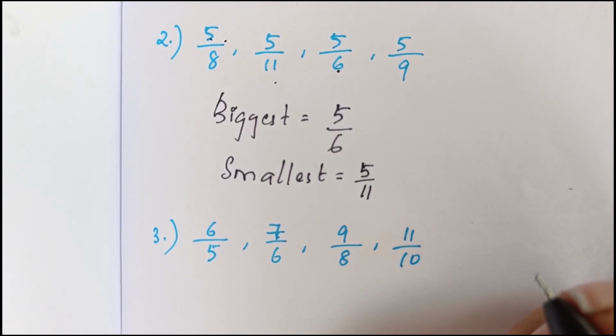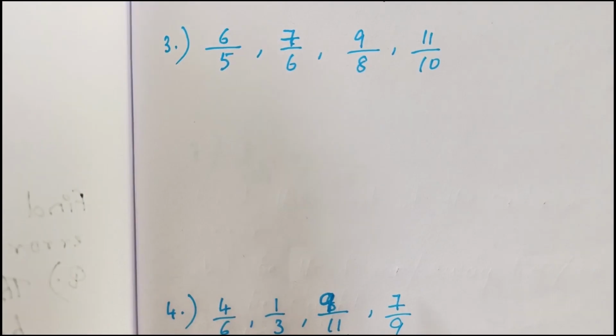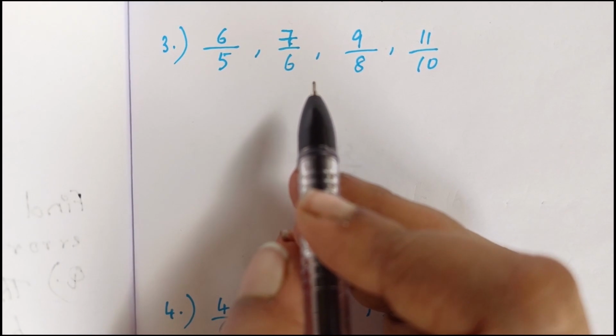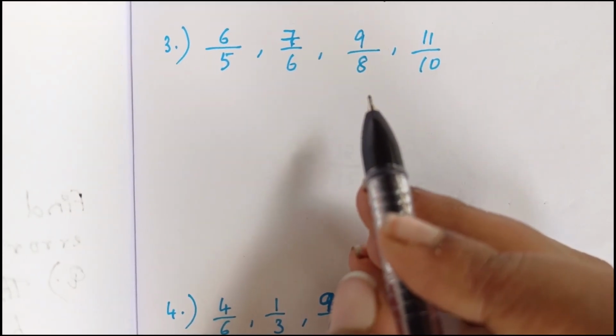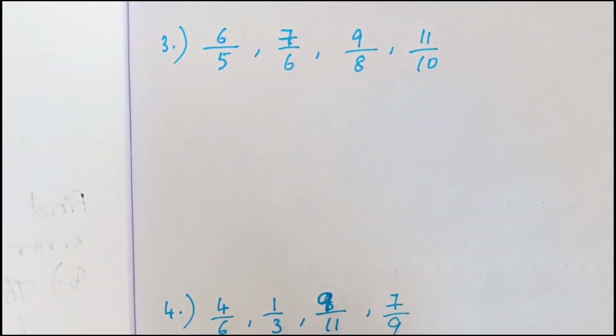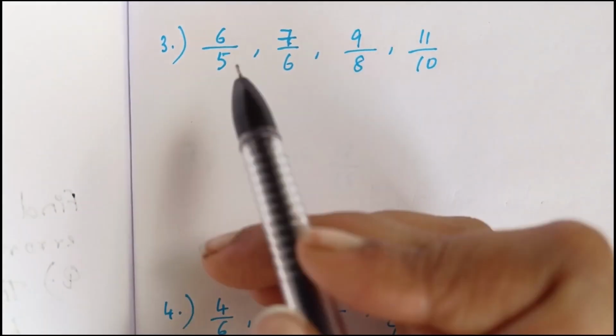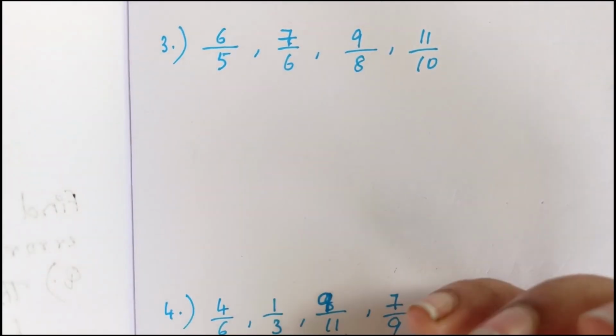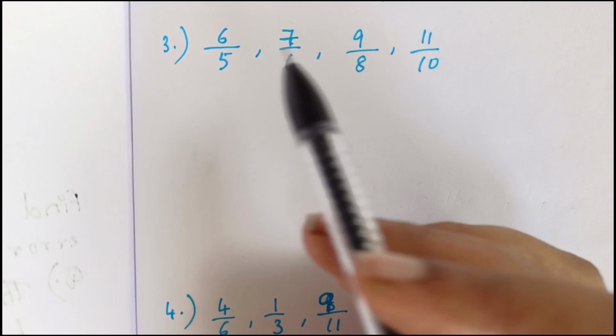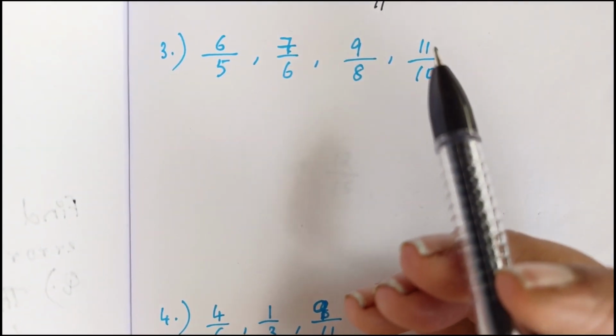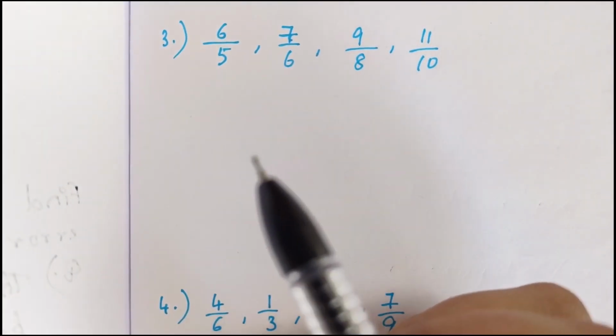So next question we have is 6 by 5, 7 by 6, 9 by 8 and 11 by 10. So here we can see that the numerators or the denominators are not the same. Every fraction is different. So how can we do this one?